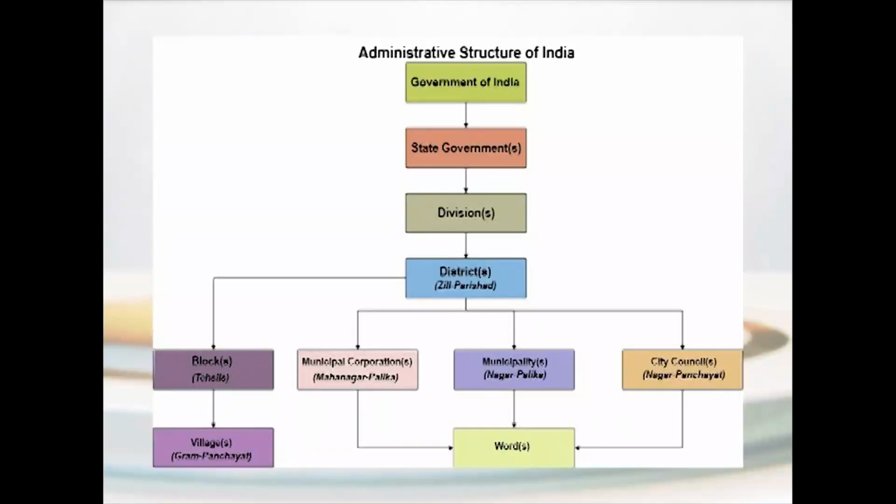Now let's have a look at the administrative structure of India. There is the Government of India. Below it are the state governments and 7 union territories. State governments are divided into divisions, districts and so on. Now, this is the pyramidal structure.